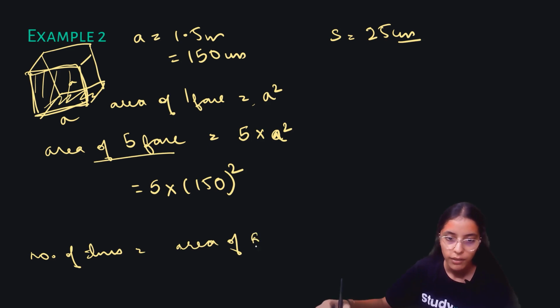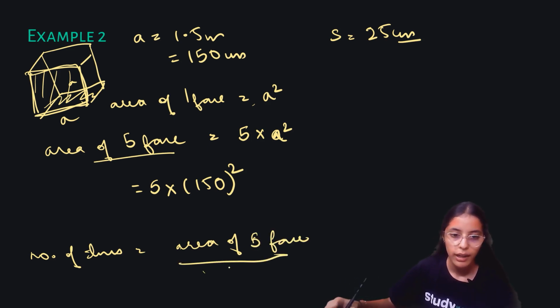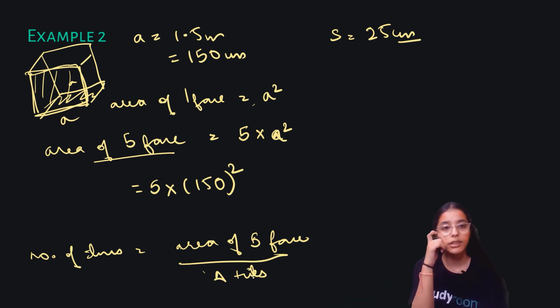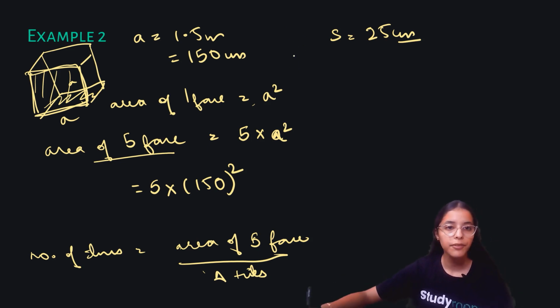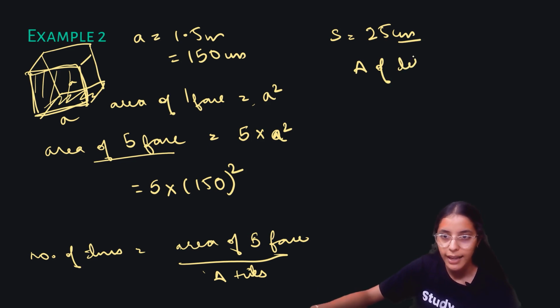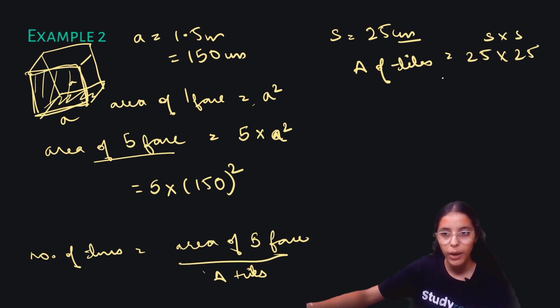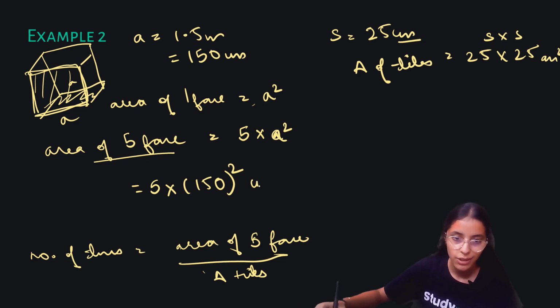So we'll leave it like this so the calculations are easier. Similarly, for the area of a tile we just multiply 25 into 25, since the area is side into side because it is a square. Here also we leave it like this. Let us not calculate. This is centimeter square, and this is also centimeter square.